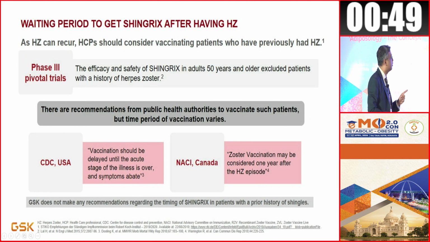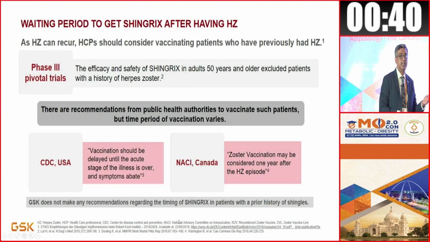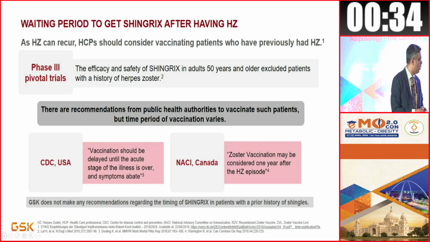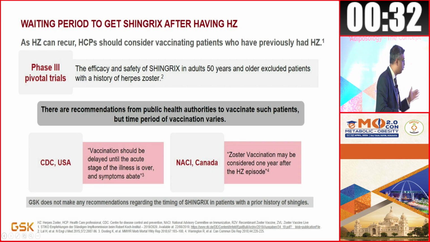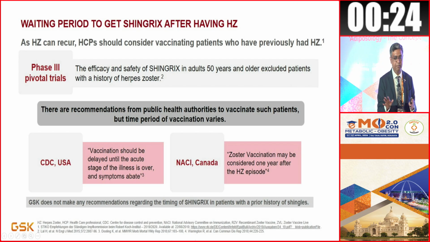Now, this is a very important question: if you have a patient who has had an active herpes infection, when do you plan to vaccinate that patient, or does that patient need vaccination at all? There are 2 schools of thought. One is the USA CDC group, which says that vaccination should be delayed until the acute phase of the infection is over, usually in the consensus about 2 months' time.